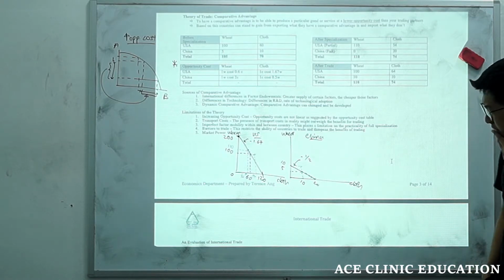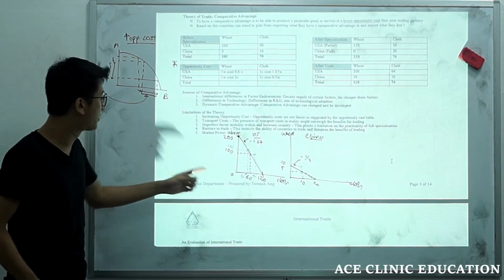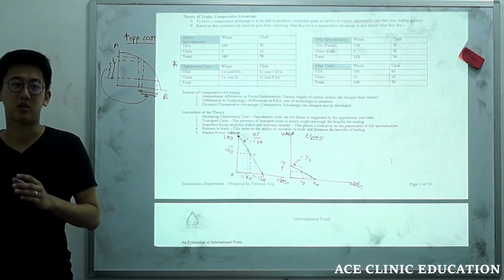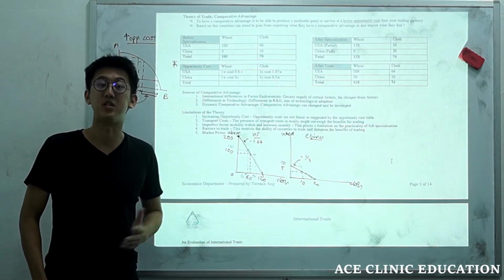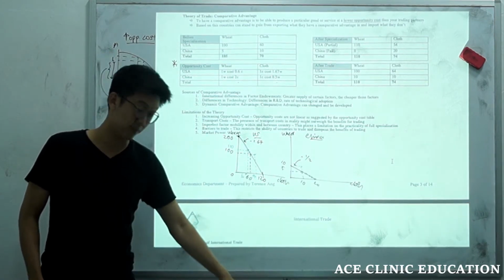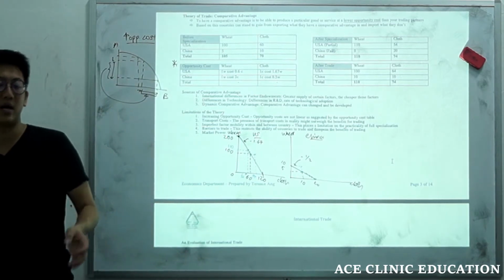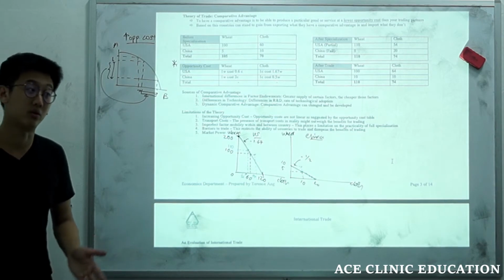Alright? Now, what is more significant is if you observe the points that we have drawn in, not only is consumption more than before, but countries are able to consume beyond their PPC. That's really, really important. Right? That tells you that trade gives you an outcome that's otherwise unattainable for a country on its own.